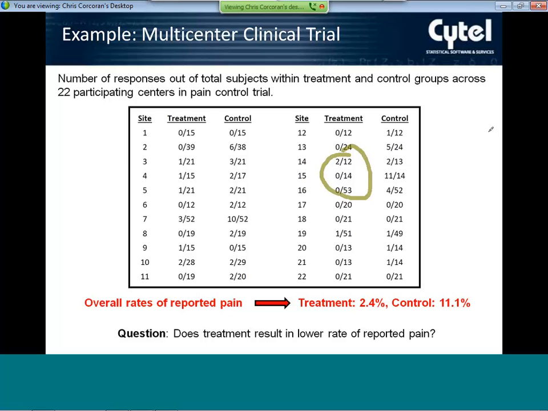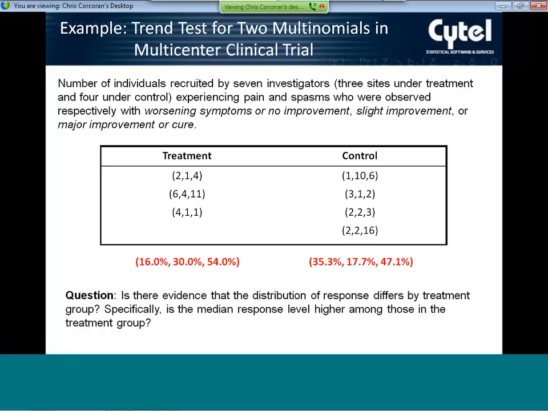Okay, so going to the next example. Now here, as opposed to comparing binomials, so in other words, different treatment groups where the outcome was either pain or no pain, or rejection or no rejection, here we have an outcome that actually has 3 levels.